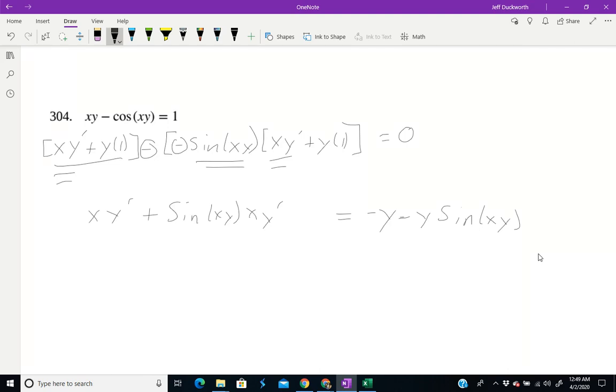Okay, so now we can factor out a y prime from the left-hand side. I can factor out a y there, but that doesn't look like it's going to matter, so I'm just going to leave it alone. Maybe we'll do it later if it looks like it does. All right, now we're going to divide by this guy here, x plus sine of xy, to leave our y prime alone.